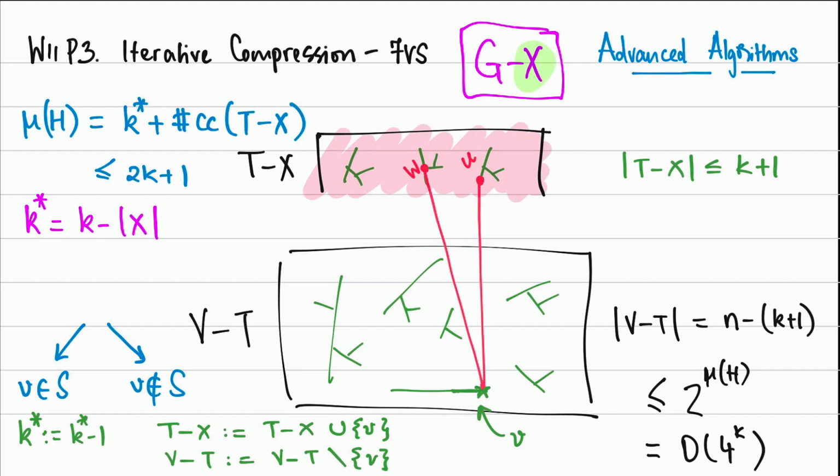So with that, I will stop here, and this was our second example of iterative compression applied to a parameterized problem. And I think it's a really nice example because we see a lot of ideas coming together.